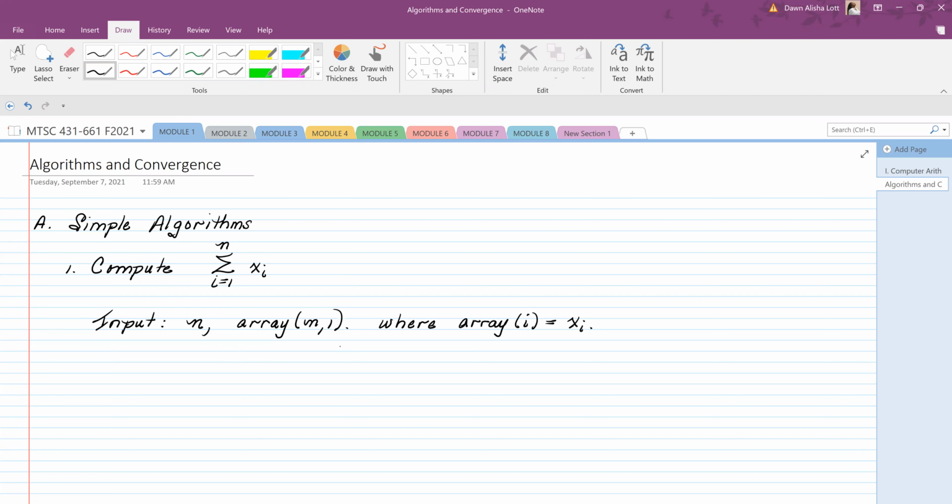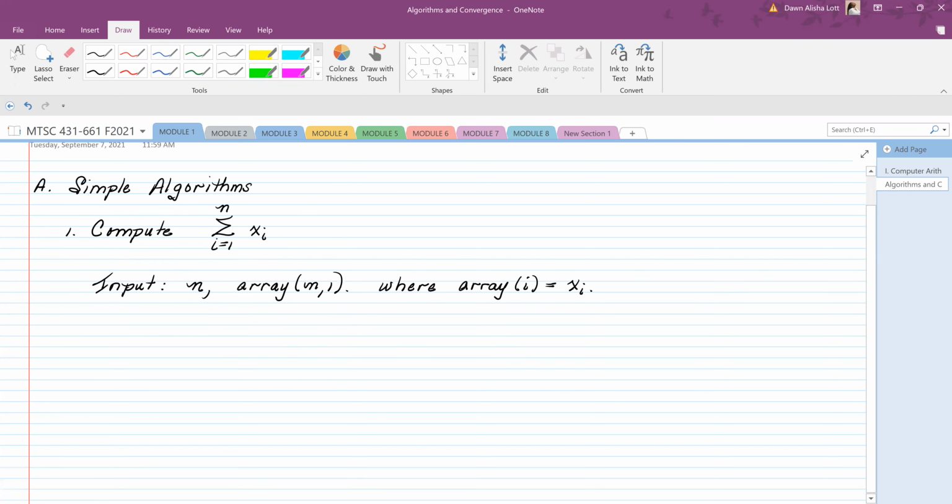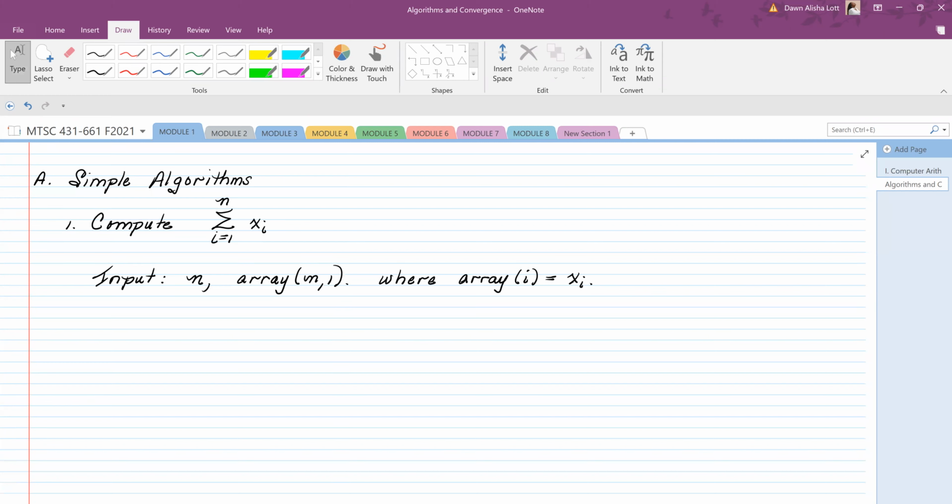It could be however we want them to be in there. Okay. So the first thing we're going to do is we're going to let sum equal 0. Now, I guess you guys remember in MATLAB, if you don't end it with a semicolon, it's going to print it out.